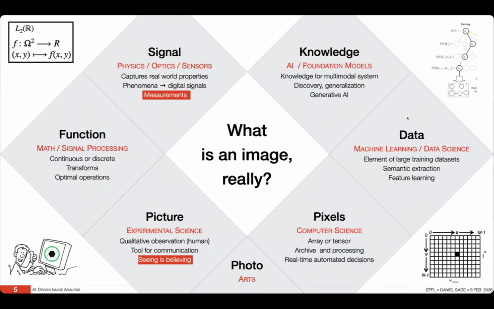For machine learning people, the image is only one unit of a huge data set that you can use to learn something. So you see that there are very different facets of the image, and we should never forget that the way you see an image can be very important in terms of image analysis.